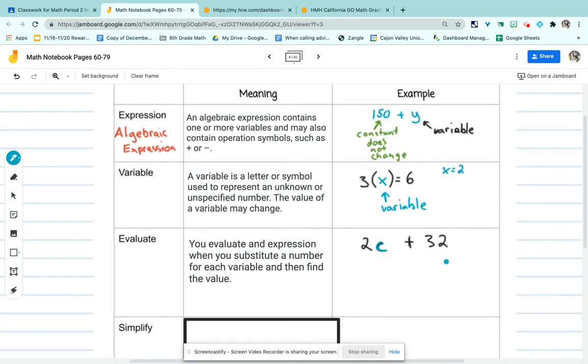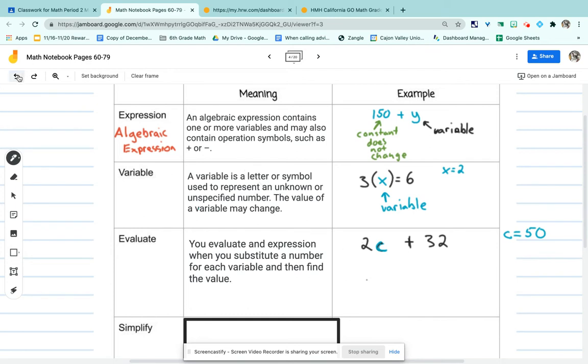Okay, so what does this work out to if C equals 50? Well, if C equals 50, then I would take this 2, and that would stay the same. That's one of the constants. The variable C equals 50.